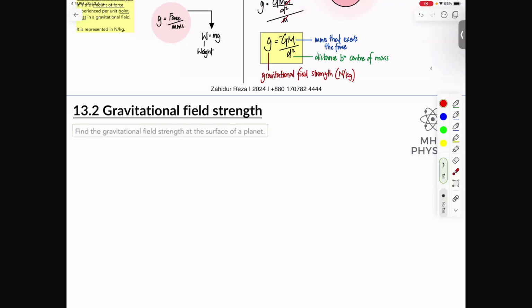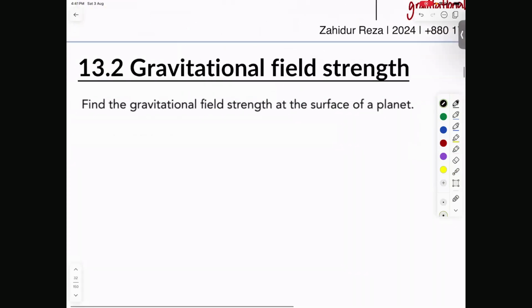Find the gravitational field strength at the surface of a planet. What planet, right? So planetary mass and everything provided for you. It's a planet whose mass is 6.02 into 10 to the power 24 kilogram.